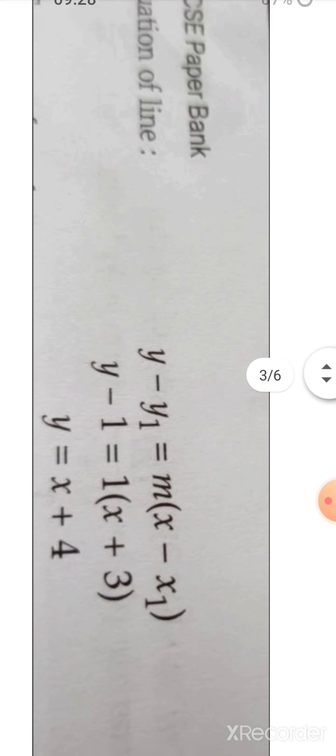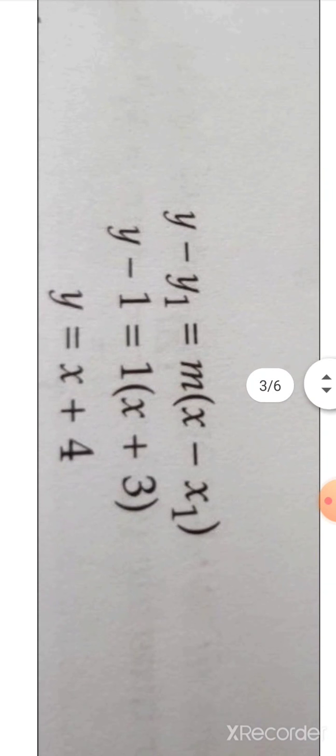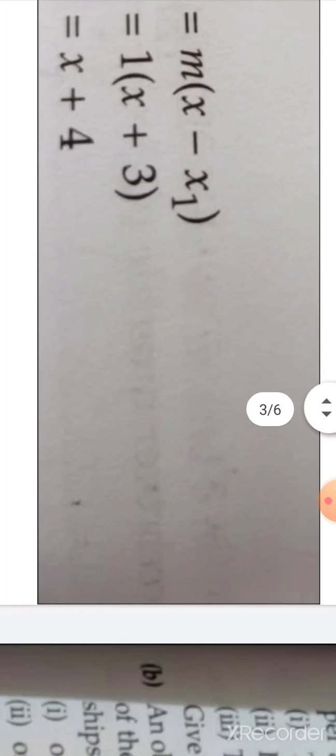Now using this slope, the equation of the line is y minus y1 is equal to m(x minus x1). Y minus 1 is equal to 1 times (x plus 3). Taking minus 1 on the right hand side, we get the final answer y is equal to x plus 4. So here we have completed question 10.